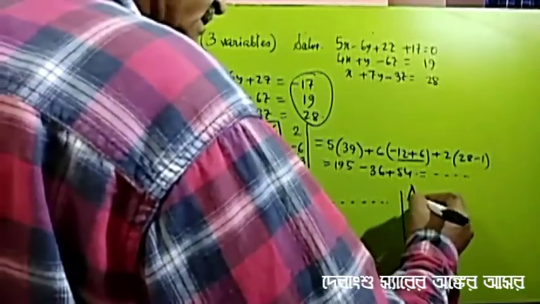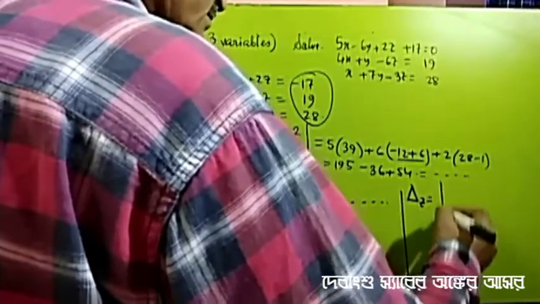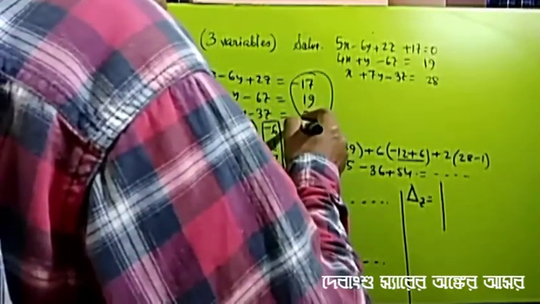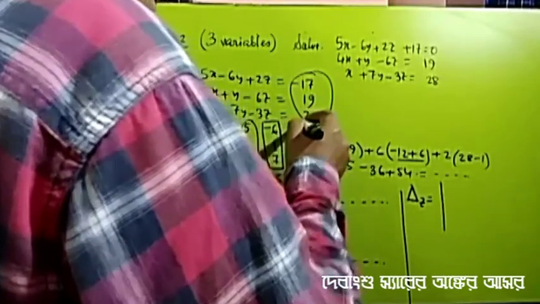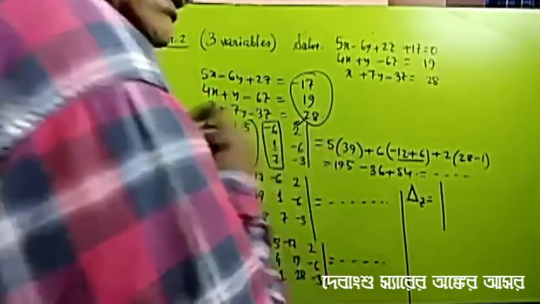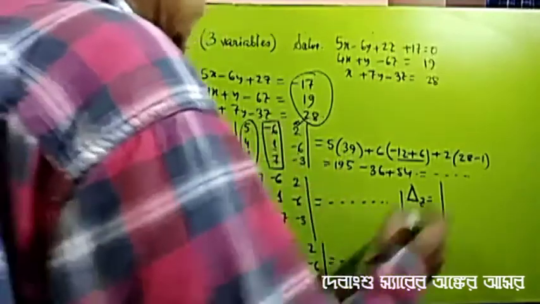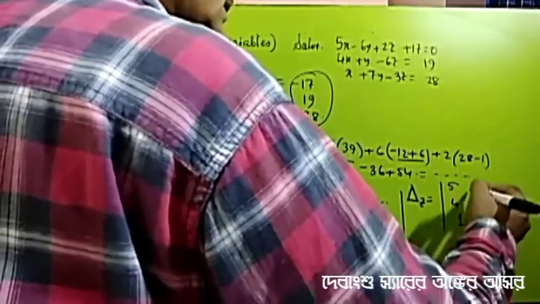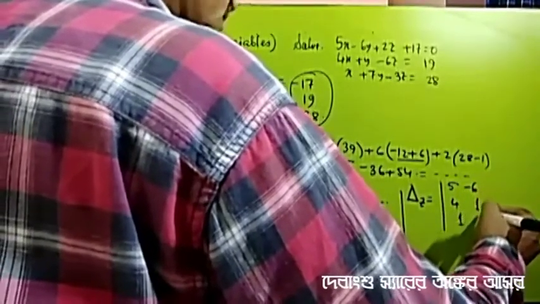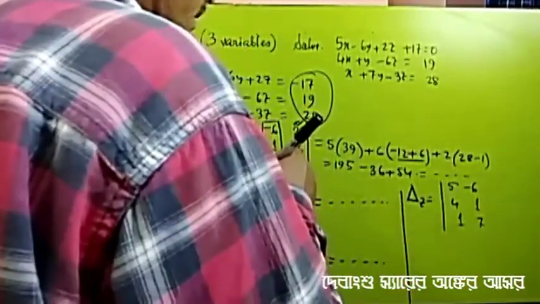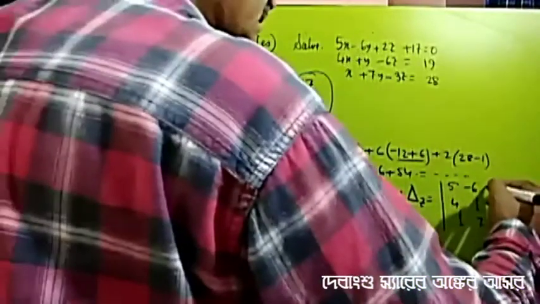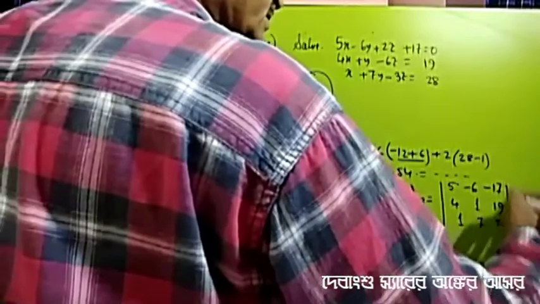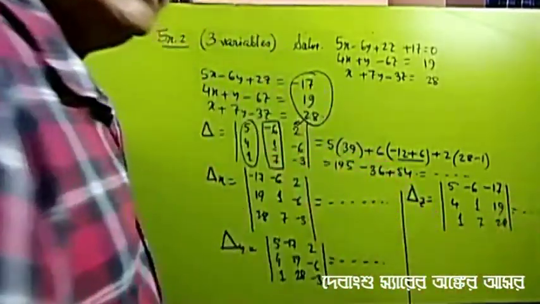Similarly, delta z you can calculate. In this case, we will replace the coefficient of z, that is 2, minus 6, 3, keeping all others unchanged. So 5, 4, 1, minus 6, 1, 7, and 2, minus 6, 3 replaced by minus 17, 19, and 20. Now you can calculate its value.